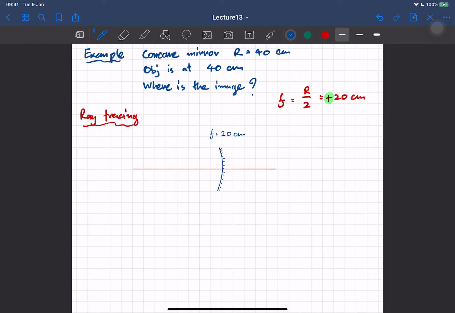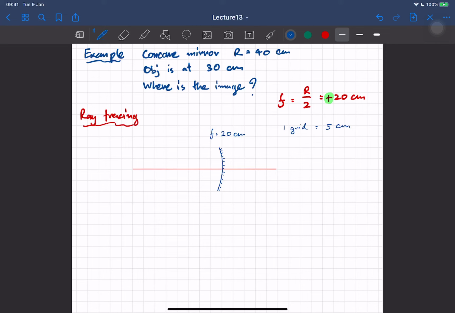Sorry, allow me to change one thing. I think back then I used 30 for the object distance, so let me change to 30. The focal length is 20 because the radius is 40, and focal length is half of that. And I'm going to use one grid equal to 5 centimeters.